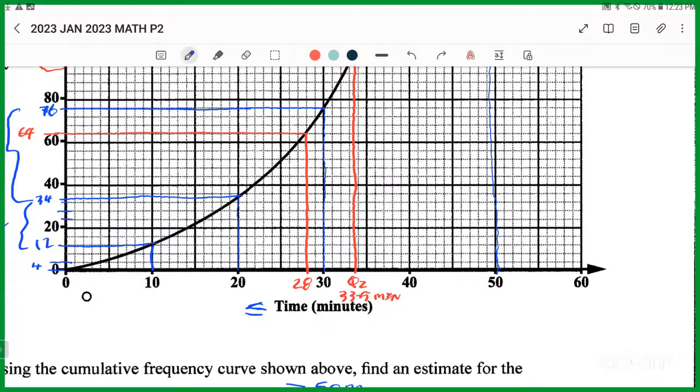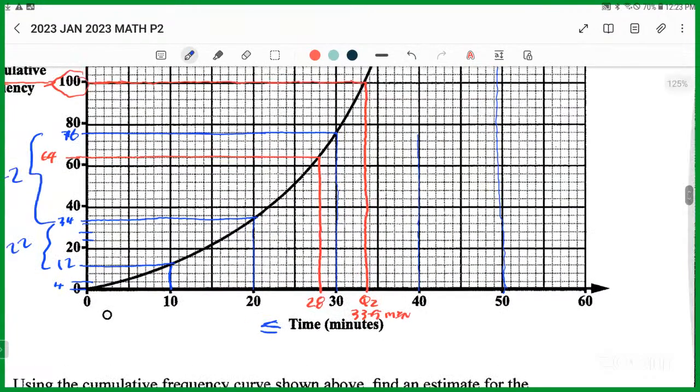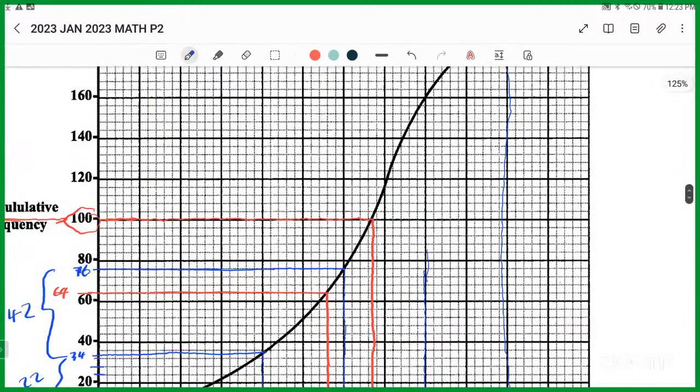This one is going up by 10, and they're using the upper limit value because it is less than or equal to. Going up the graph at 40, see how many students get less than or equal to 40. Right on this line, it takes us right out to 160. Flat.